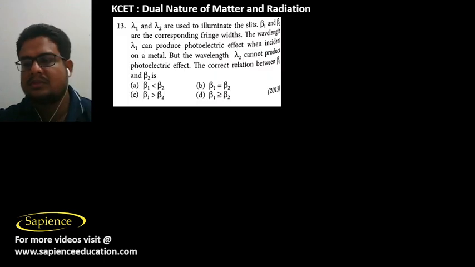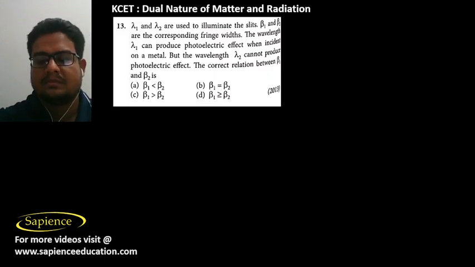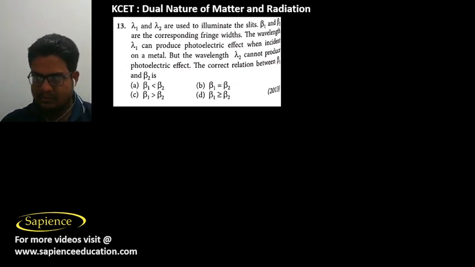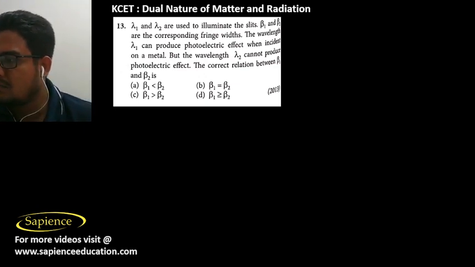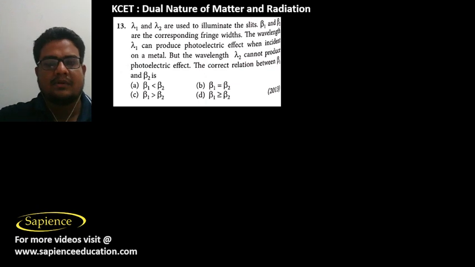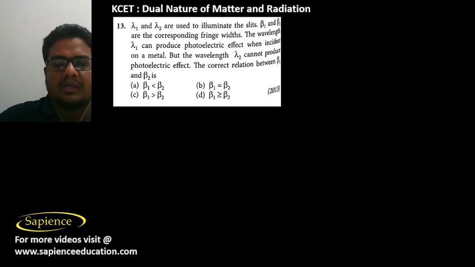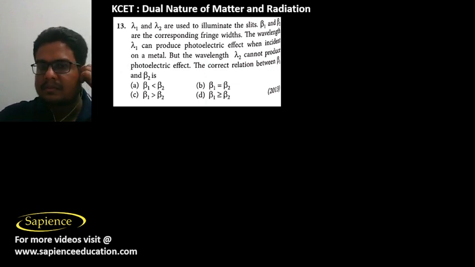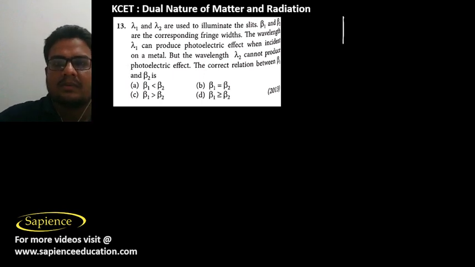Then in question number 13, it is told that lambda 1 and lambda 2 are used to illuminate the slits.